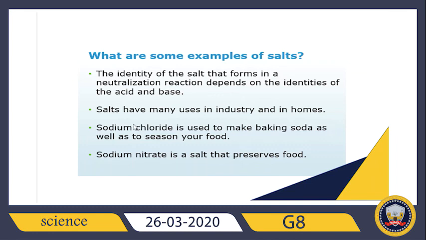So guys, what are the uses of these salts? Salts have many uses in industry and in homes. Sodium chloride, NaCl, for example, is used to make baking soda. Sodium nitrate, another kind of salt, preserves food.